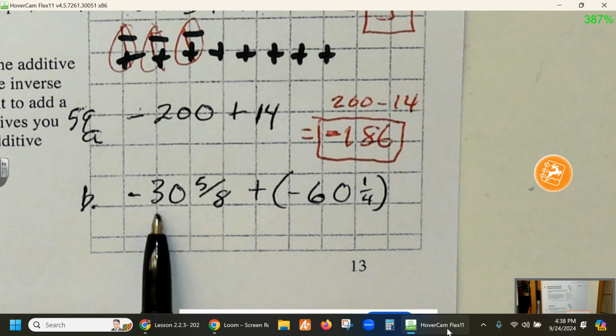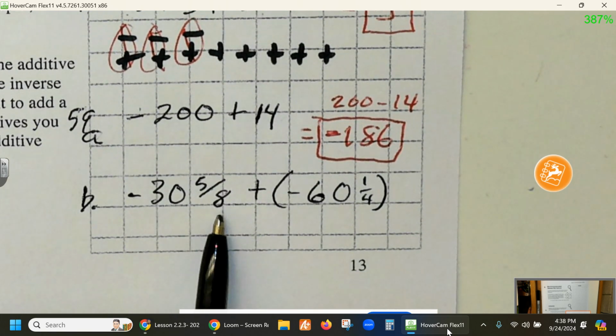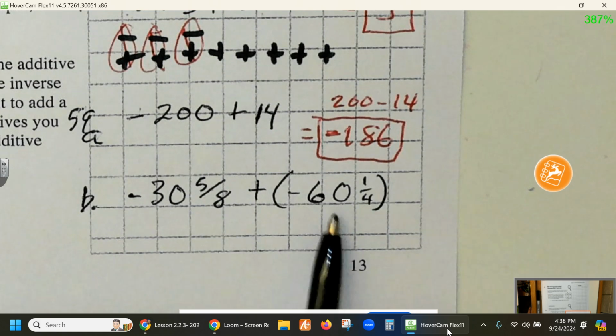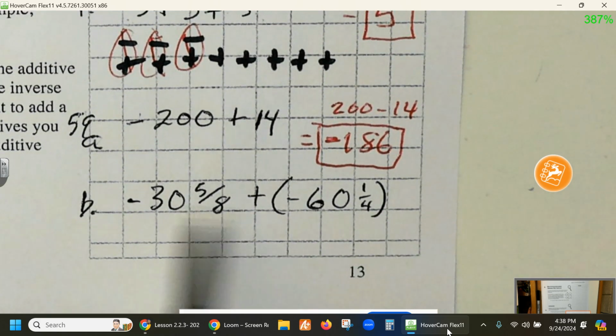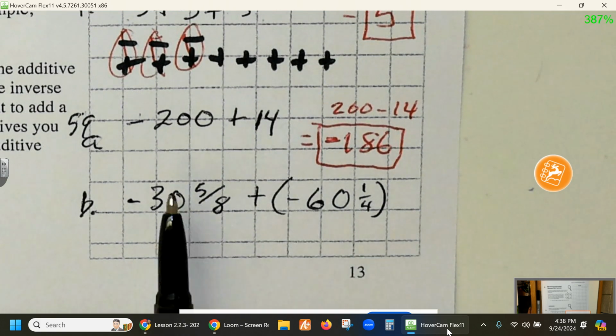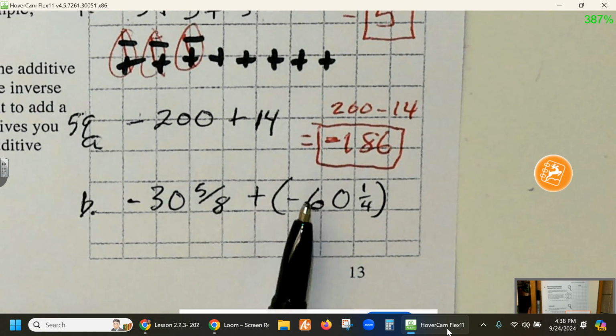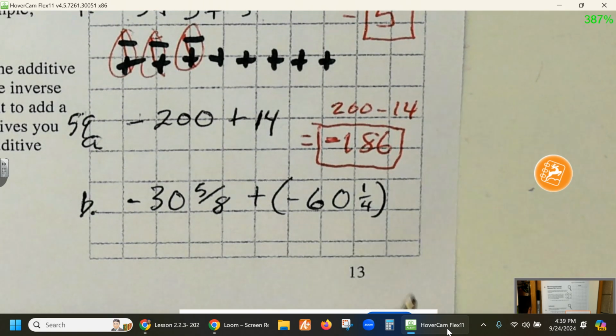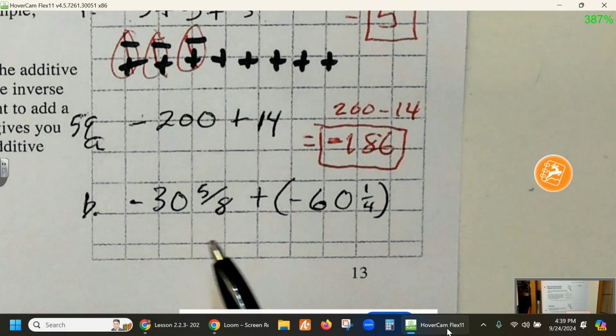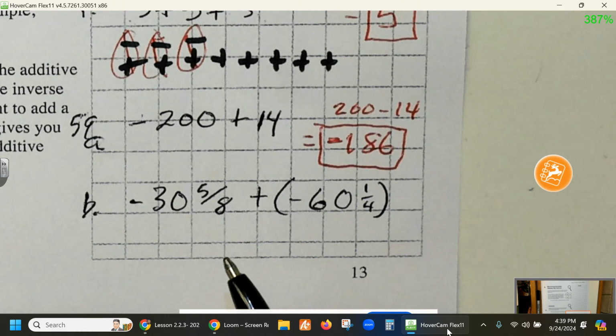Well, I've got 30 negative tiles and 5/8 negative tiles, and then 60 negative tiles and 1/4 negative tiles. So altogether, I have 90 negative tiles so far with the whole numbers, and then 5/8 and 1/4, those are the fraction parts of those. Now, I know that I can only split those up because they all have the same sign.